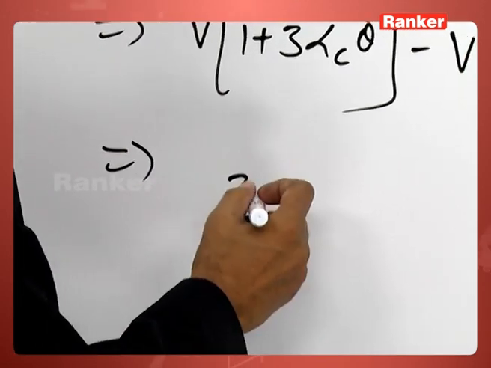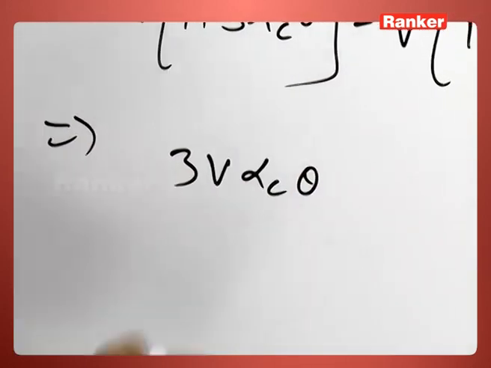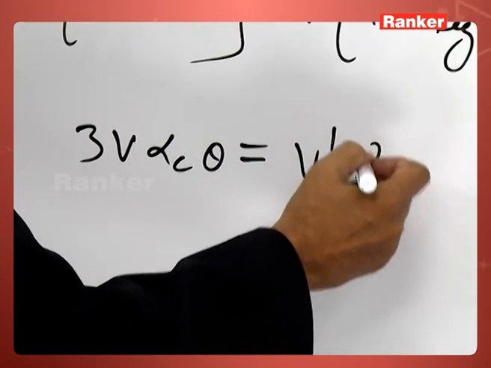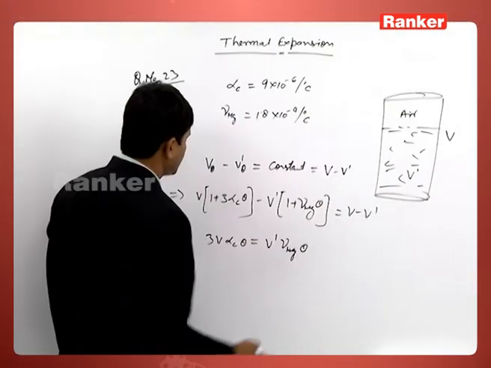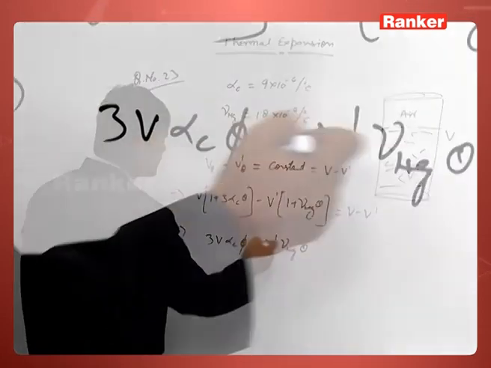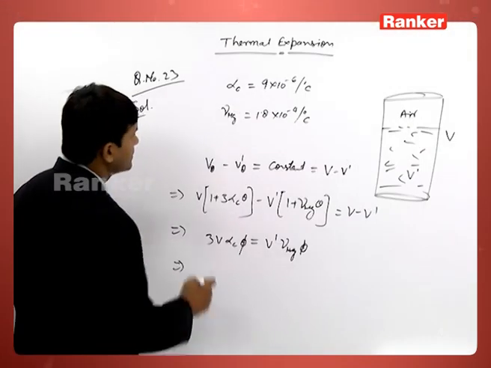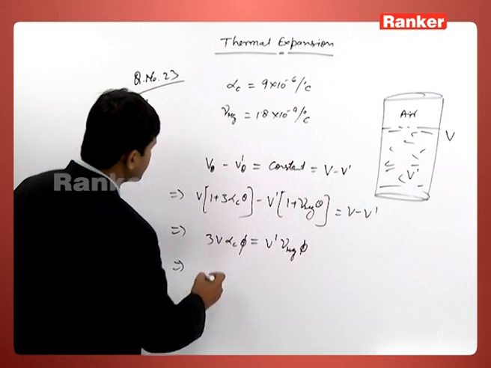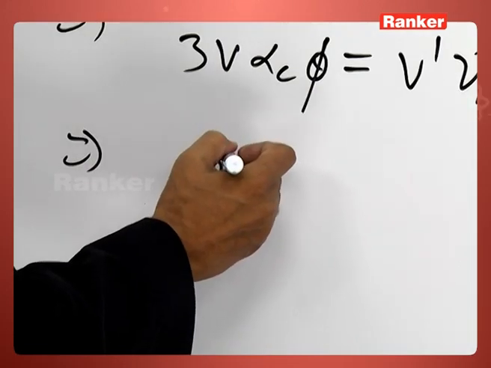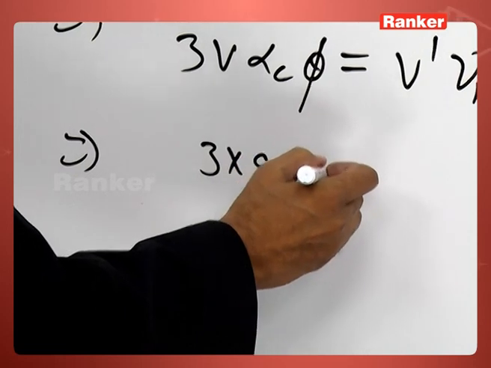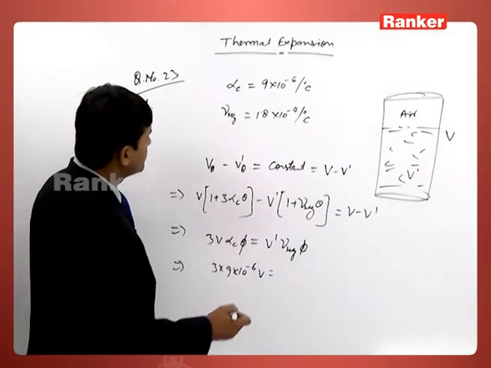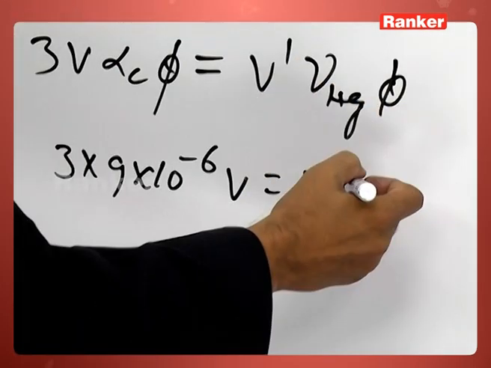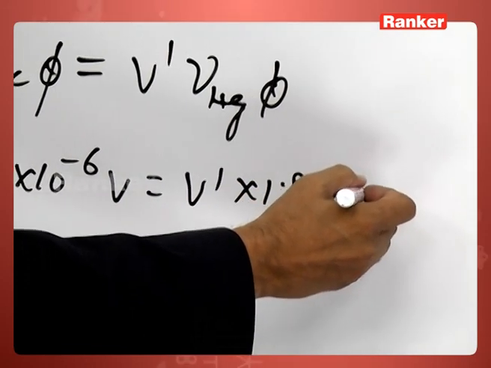So 3 V alpha C theta is equal to V dash gamma Hg into theta. Now theta and theta we can cancel. So first we can write 3 alpha C, 3 into alpha C, 9×10⁻⁶ V, is equal to V dash times gamma of Hg, 1.8×10⁻⁴.